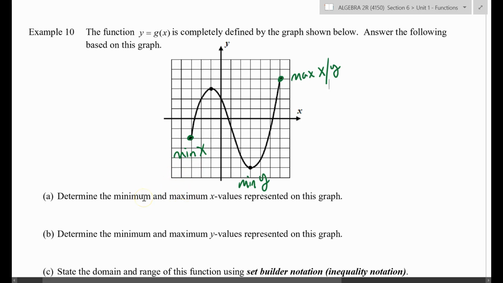So the minimum x is -1, 2, -3. And the maximum x, 1, 2, 3, 4, 5, is 6.